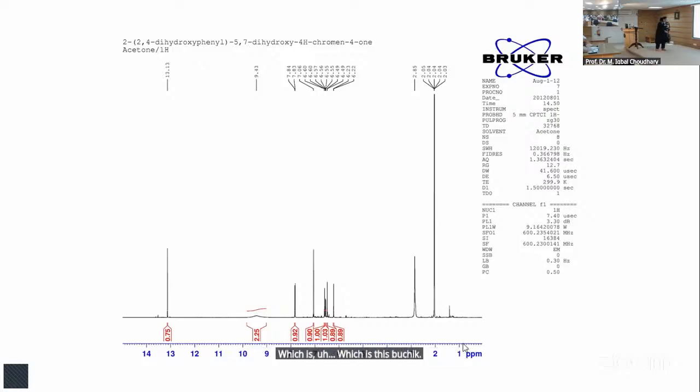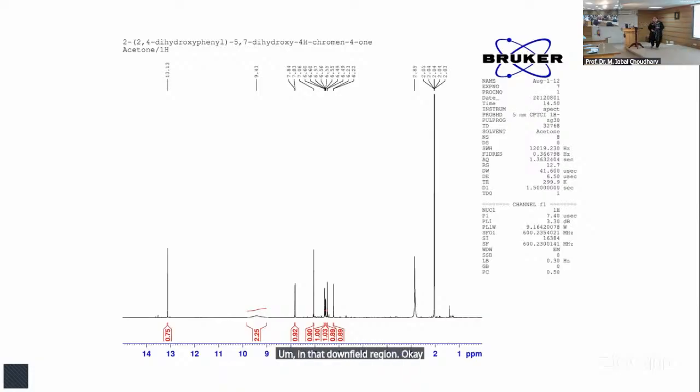Okay, when you have some electrons, for example, if you are talking about some phenyl rings, the pi electrons in the ring are opposing, aligned to the magnetic field. That means it is giving more effect on the nuclei, and that is why it has to move and appear in the downfield region.